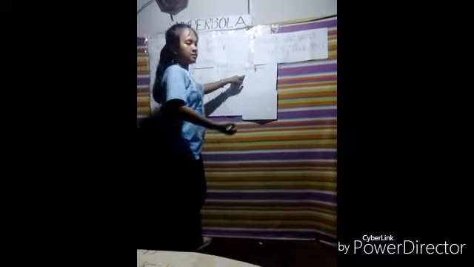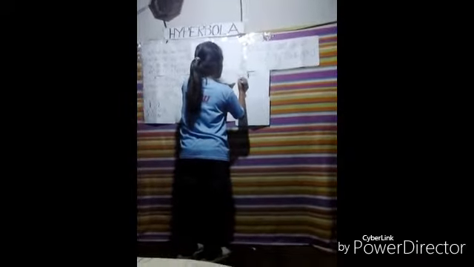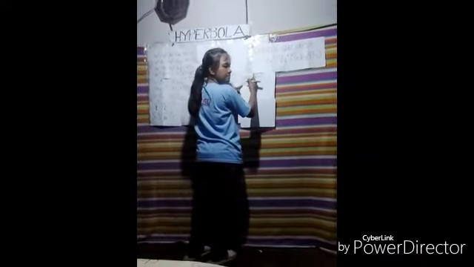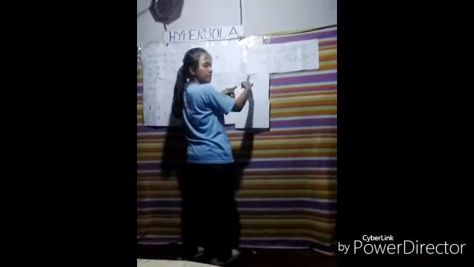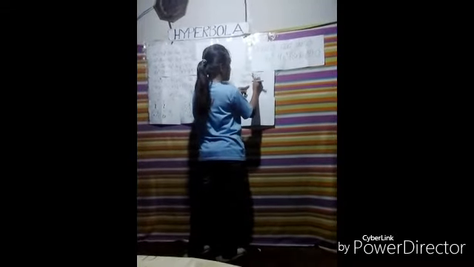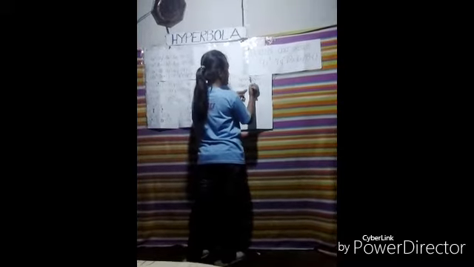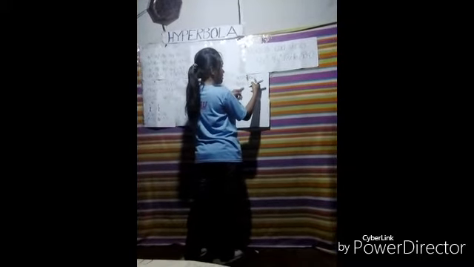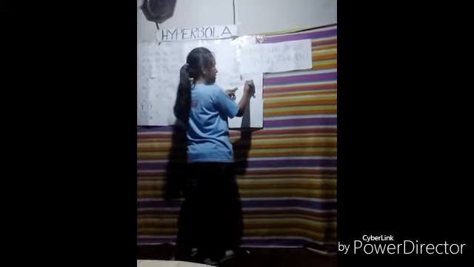Then next is 2y plus 4 is equals to 3 times x is 3x. 3 times -1 equals -3.